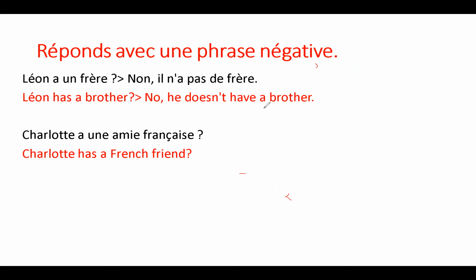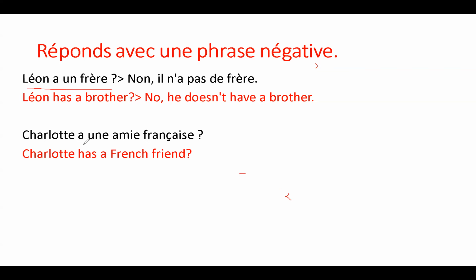Can you repeat it once more? Here we talk about negation. So you can say this is an affirmative sentence. Léon a un frère, a verb. So Léon has a brother. Now when you negate, in case of negation, you need to reply. Like if I ask you, Léon has a brother. So what will be your answer in negation?